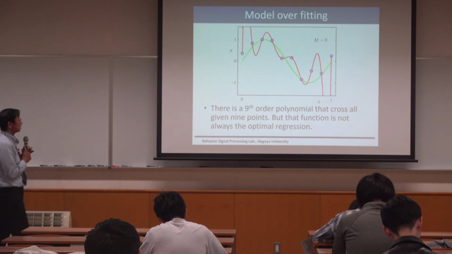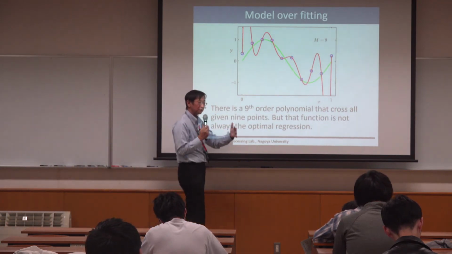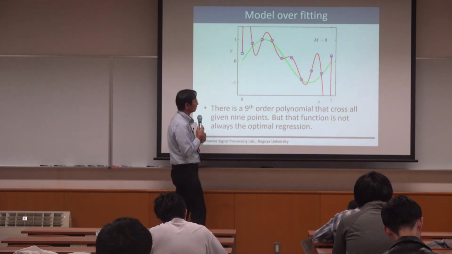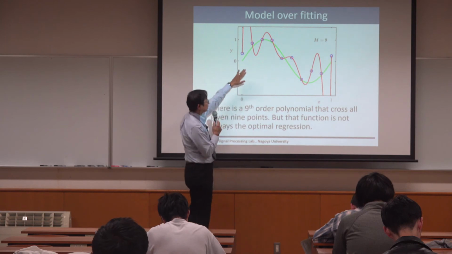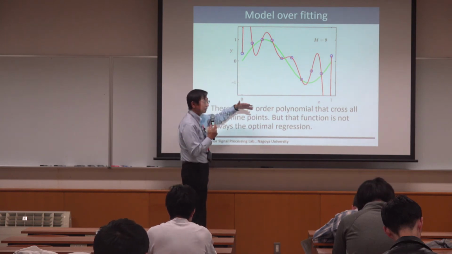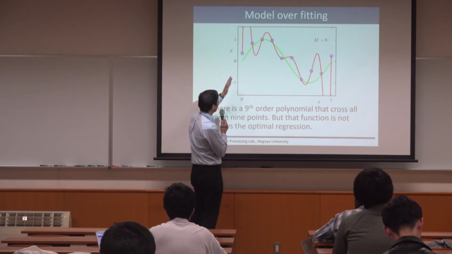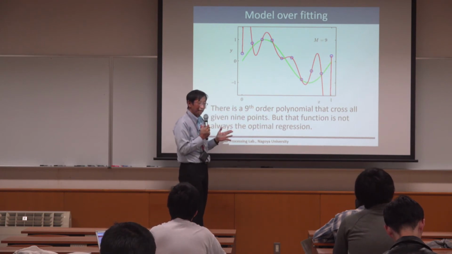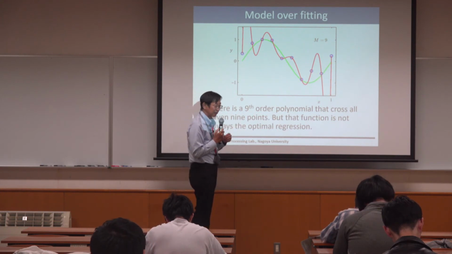What we can do is to get a more accurate estimation by increasing the order of the polynomial, in this case to 9. It's because we have 9 equations to determine the 9 parameters, theta 0 to theta 9.